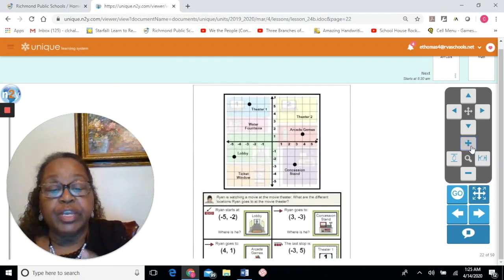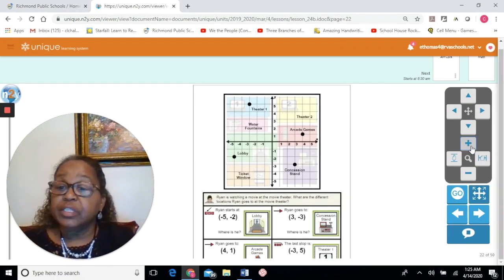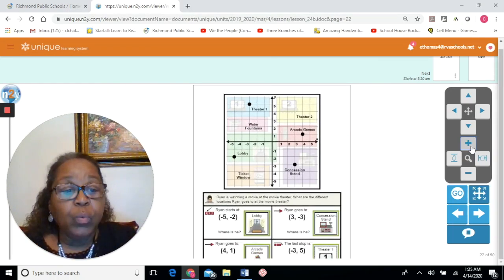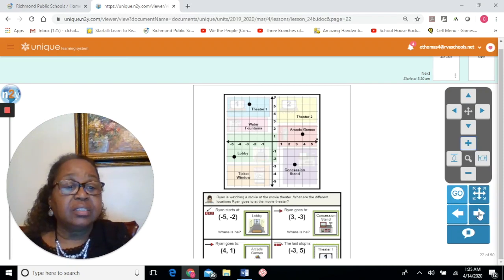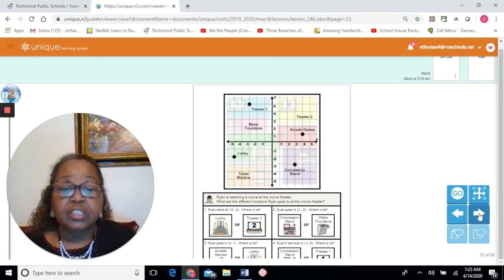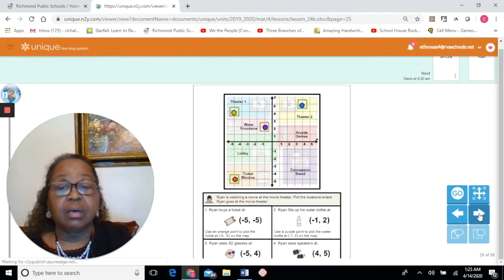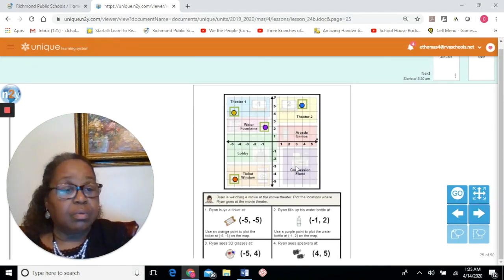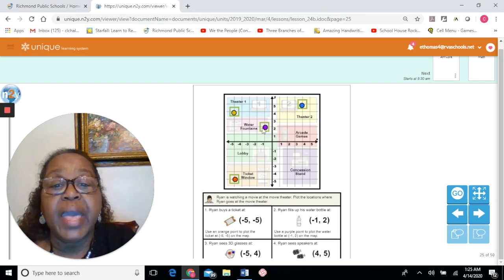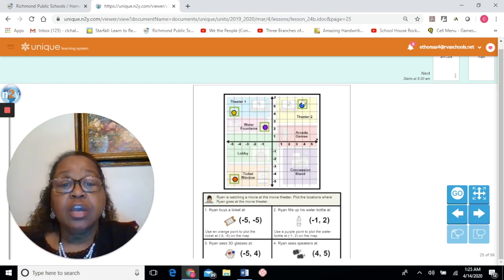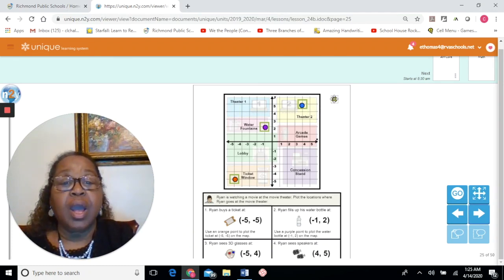Excellent. We got a green frame around our answer. So that means we got it right. Well, we did a great job with that. Let's see what we can find on our next map. Here we have some points on our map that we want to try and plot.